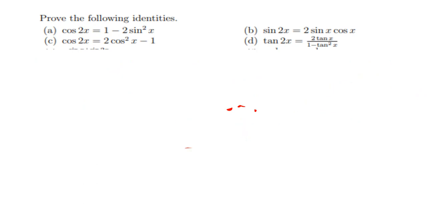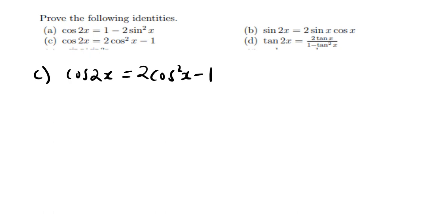Let's solve C. So C is, we are saying cos 2x is equal to 2 cos squared x minus 1. Okay, for cos we said there are two identities. It's the same thing like we did on the other one.